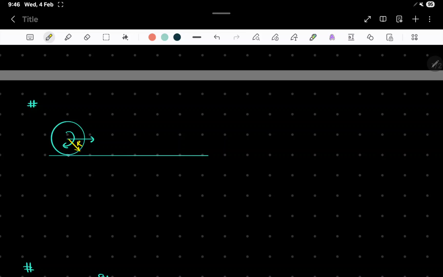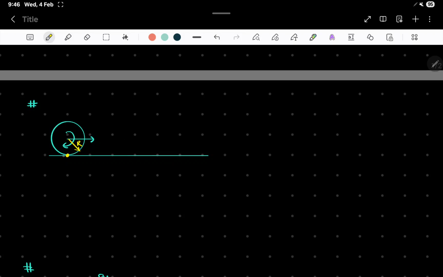You have been asked that if this yellow point is highlighted on the disk, what will be the displacement of this particular yellow point when the disk completes half of the complete rotation, right? So let's try to solve it.